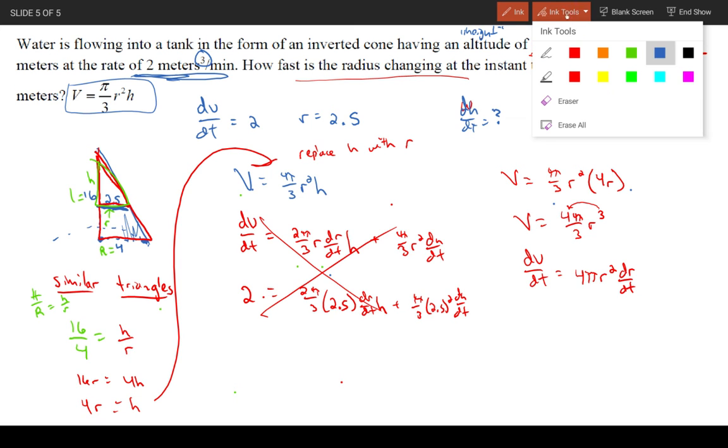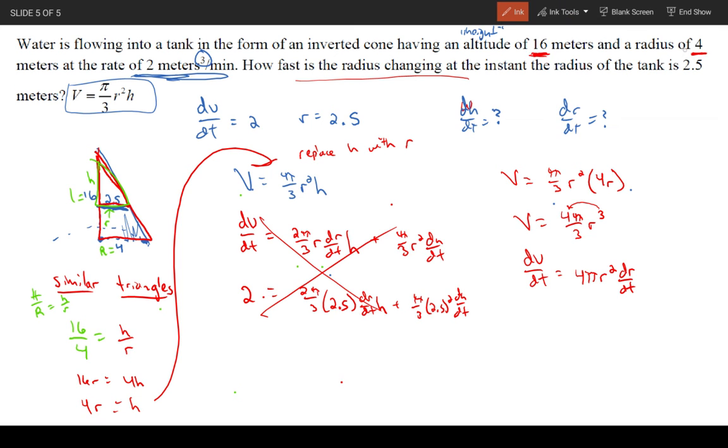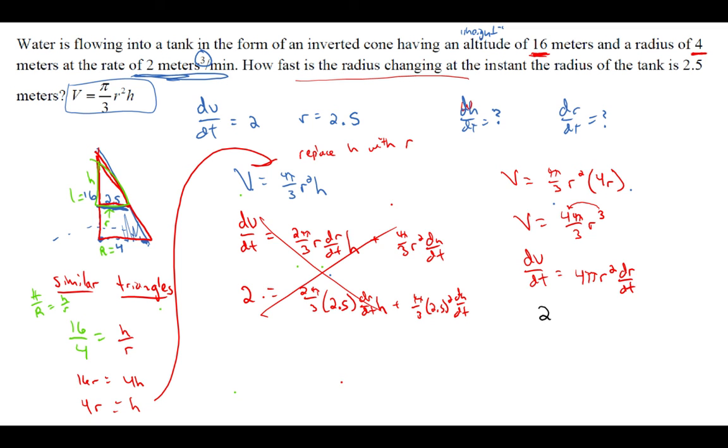So let's go ahead and plug in here. dV dt was 2. It is filling up, so it should be positive. Equals 4 pi times our radius at this instant, 2.5 squared, times dr dt. So now we can go ahead and solve for dr dt because that's our only unknown. So dr dt, we're just going to divide 2 by 4 pi times 2.5 squared.